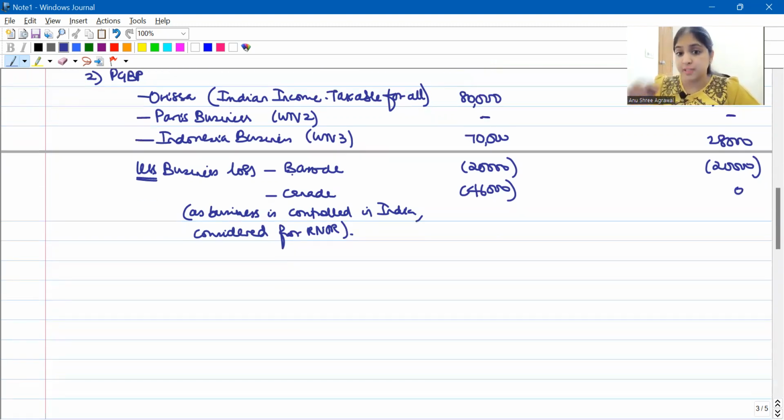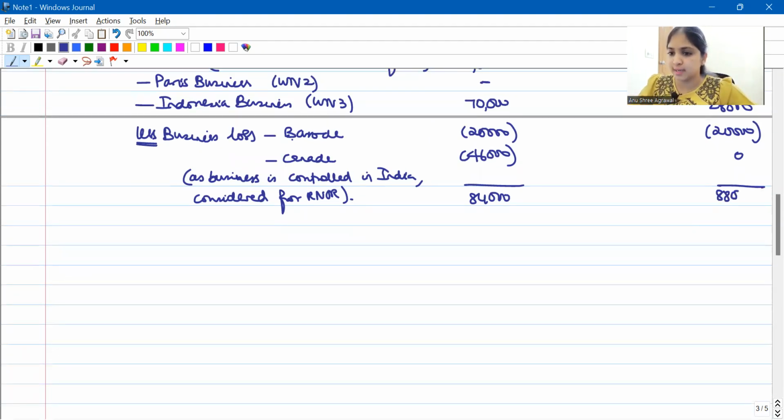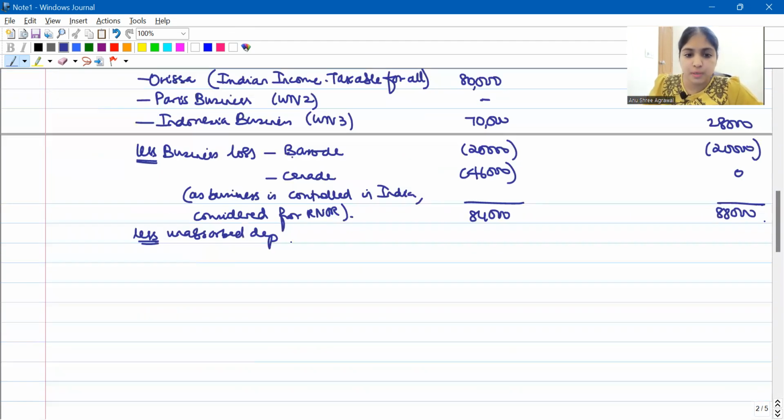And even after this, how much are we still left with? Just PGBP, how much are we left with? Minus 20,000, minus 46,000. We are still left with 84,000 here. And here we're left with 80,000, 80,000 plus 28,000 minus 20,000. Here we are left with 88,000. Then what else can we subtract? Unabsorbed depreciation. Yes, unabsorbed depreciation only for the Canada business we had 16,000. So put over here Canada. And adjust 16,000 only against RNOR. You know why we are adjusting only against RNOR, right?